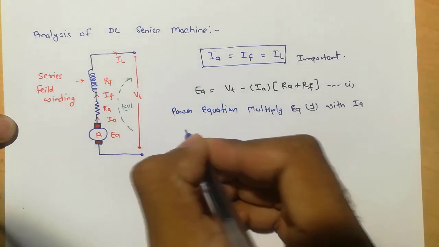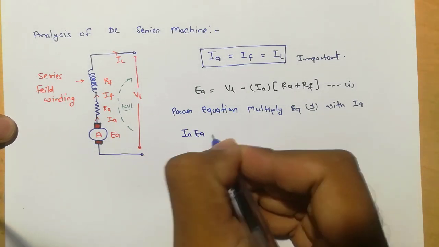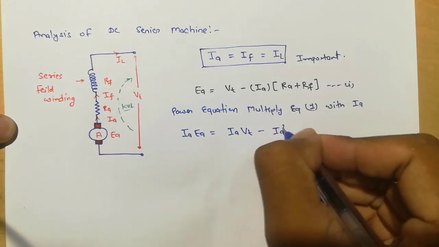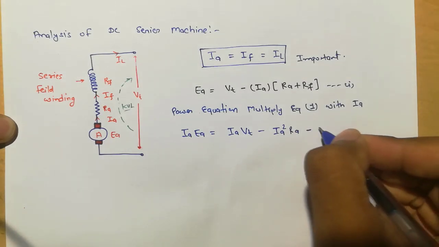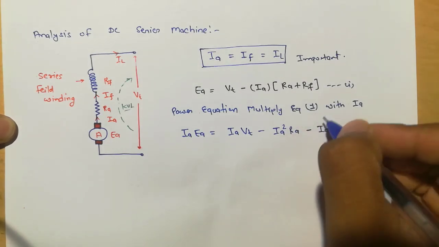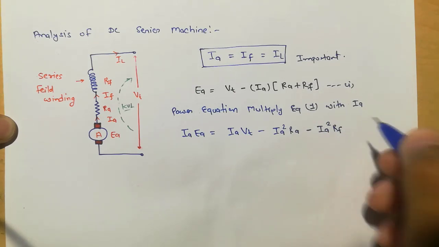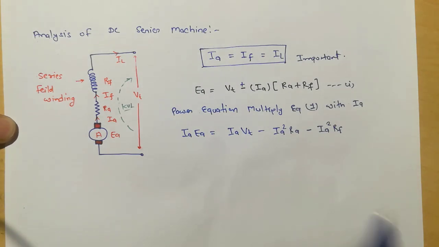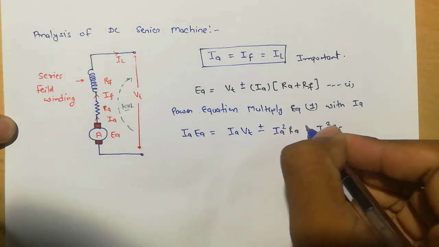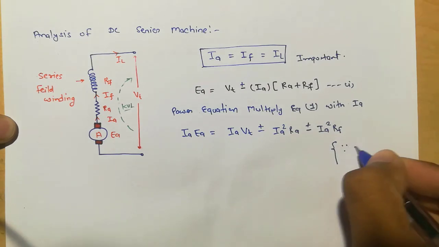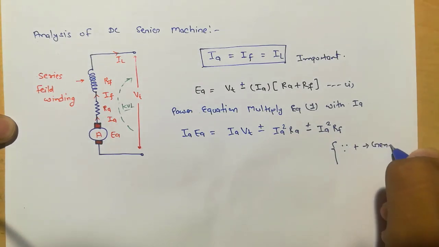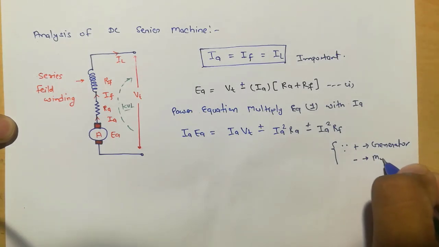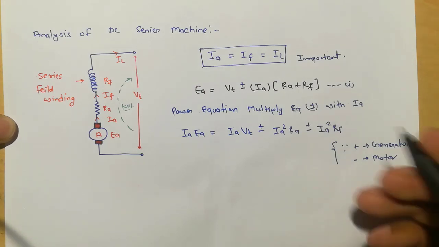After multiplying by Ia, we get Ia Ea is equal to Ia Vt plus or minus Ia square Ra minus Ia square Rf. Here we consider both plus and minus conditions. The plus is denoted for the generator and the minus is denoted for the motor. Okay, don't get confused here.